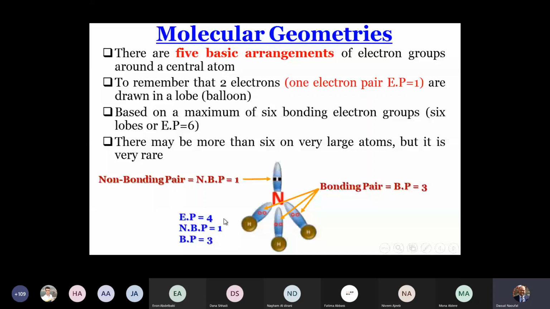This is the first step in finding the geometry: to know EP around the central atom, NBP, and BP. And this can be obtained only if you draw well the Lewis structure of NH3. So pay attention, the Lewis structure is very, very important.